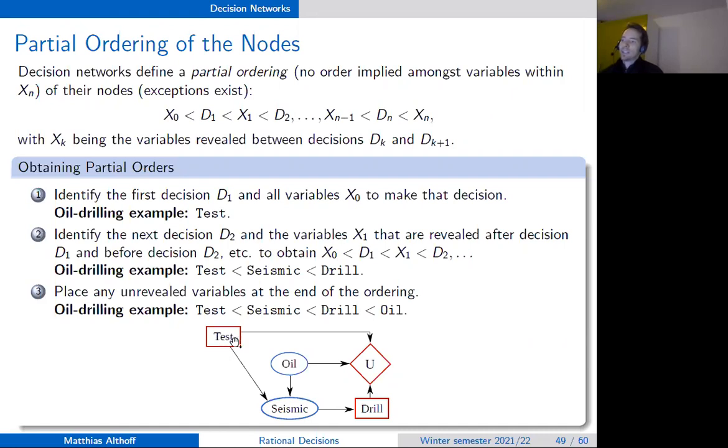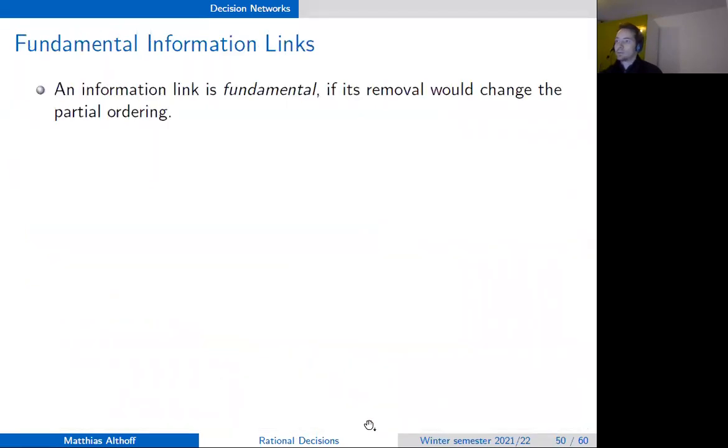So if test has been revealed, then this will be available in the following nodes. If you follow these arrows, the previous decisions and the previous revealed random variables will be known for each subsequent node. That's why, for instance, there is no arrow from test to drill.